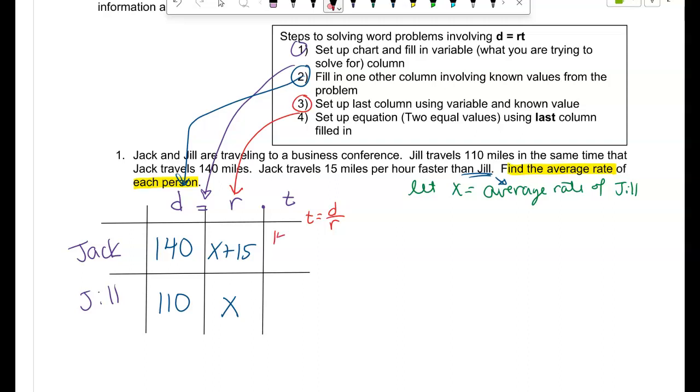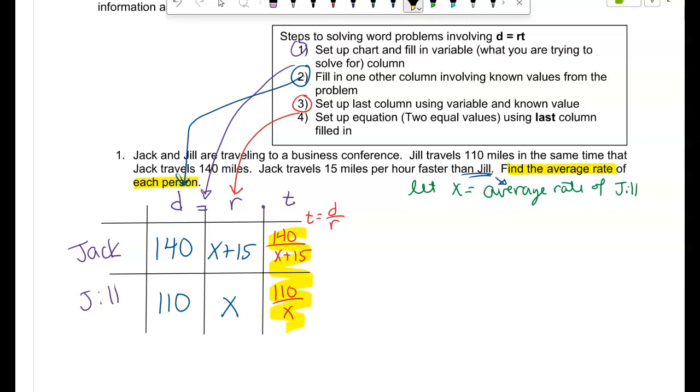We know 140 divided by the quantity x plus 15. Awesome. What's going to be Jill's? That is the last column we filled in.